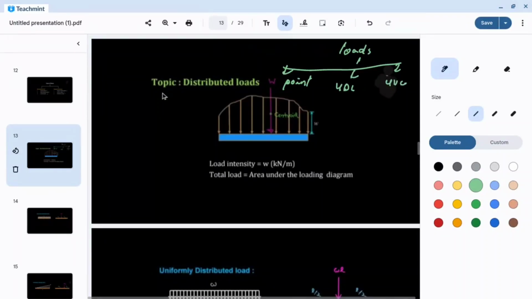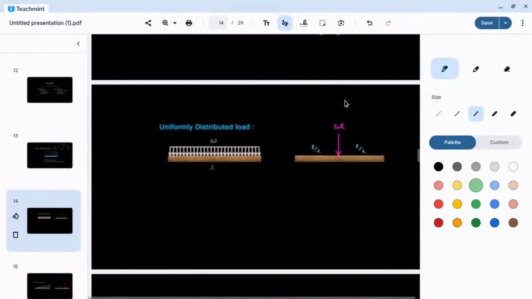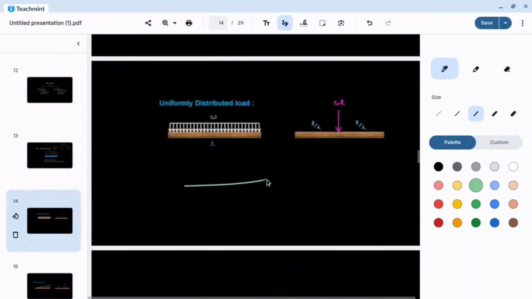The point load is a direct load. Uniformly distributed load: there is a beam, and over the beam there is a load spread over the length.